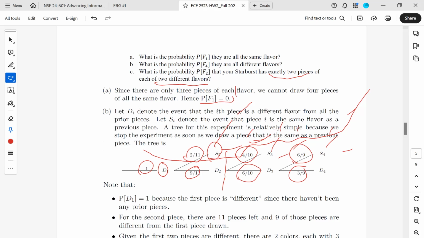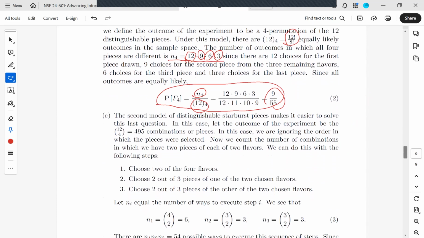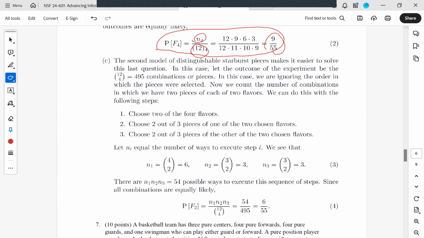So we draw 4 out of those 12. We want to calculate the probability of having exactly 2 of 2 different flavors. So it's not 2 different flavors or having 2 from one and any combination for the other flavors. Exactly two for two flavors. Two cherry, two lemon, two cherry, two orange, two berry, two lemon, something like that.